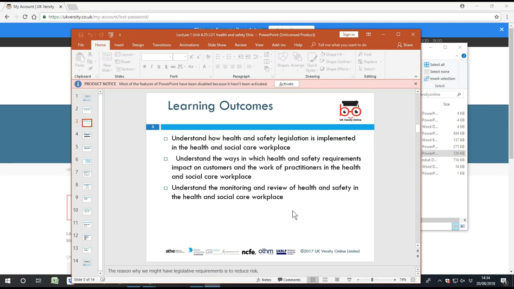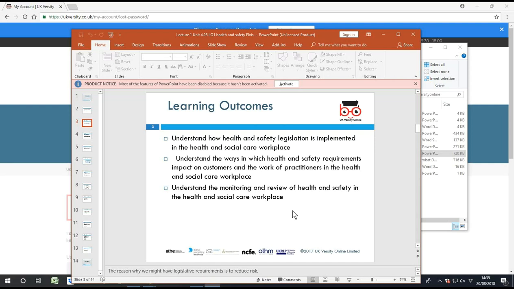And the last learning outcome, we'll try and understand the monitoring and review of health and safety in the health and social care workplace. The reason being that issues of health and safety keep on changing all the time, depending on circumstances that we find ourselves in. We might bring in new patients or new residents who need different requirements in terms of health and safety.